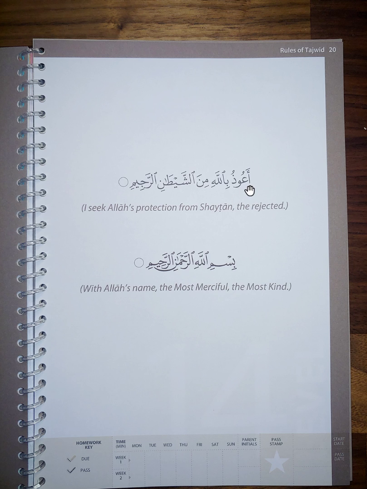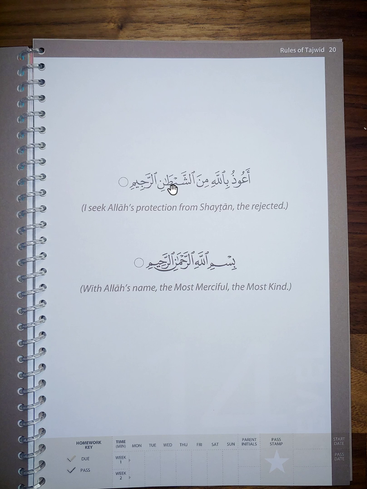Right, so what you want to watch out for, make sure you say dhu. The dhal should be clear, not a zu. The ain should be nice and strong and clear, not sound like a hamza. Billahi is empty mouth. Minash shaytan, ta is full mouth, but it shouldn't be made full mouth by rounding your lips and making a W sound.